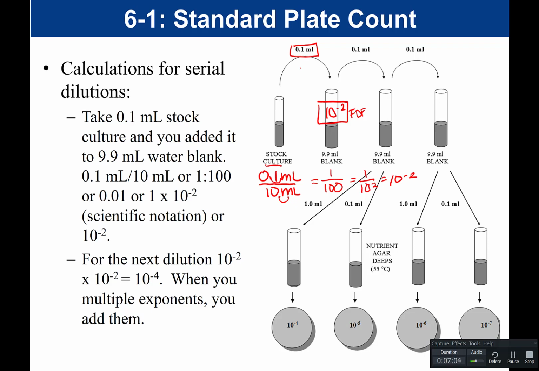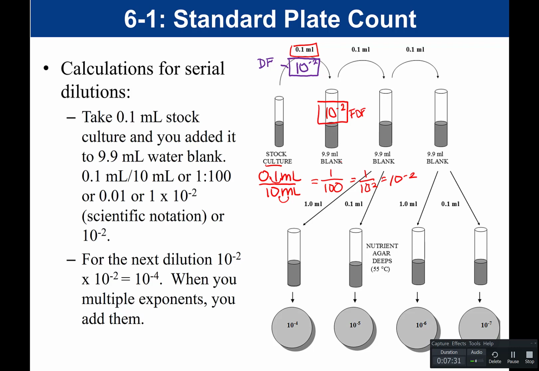Your dilution factor, meaning the amount you diluted it, is 10 to the negative 2. This is your dilution factor. That's how much you're diluting it each time. The first tube has a final dilution factor of 10 to the negative 2. That's the dilution in that tube.